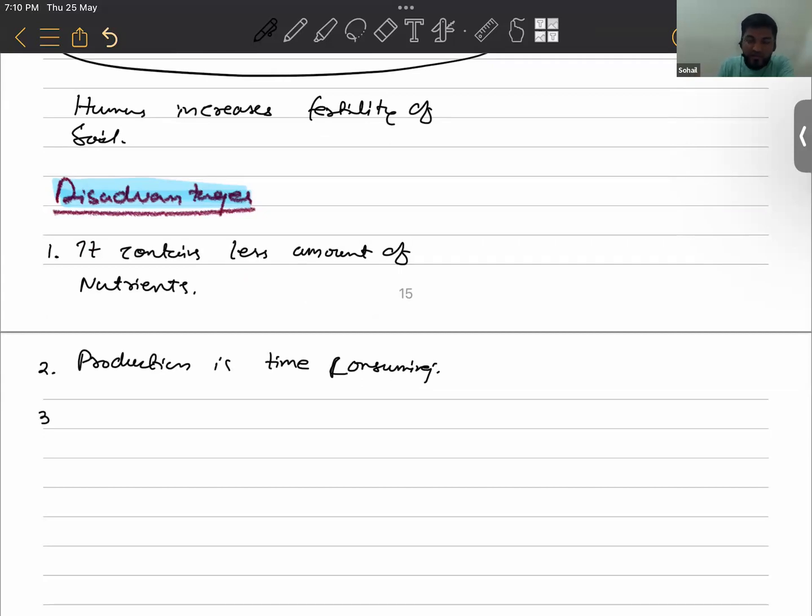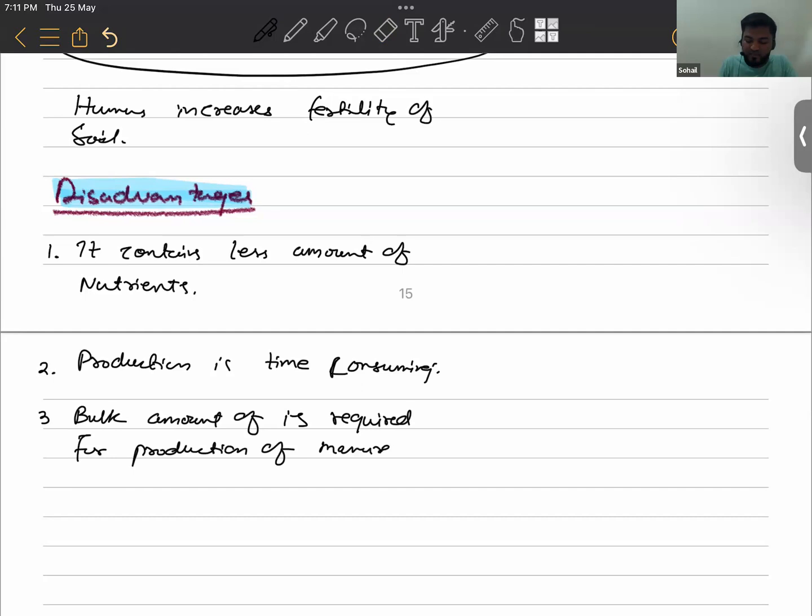Another thing is that a bulk amount of waste is required for production of just a minute amount of manure. Bulk means huge amount, more amount.